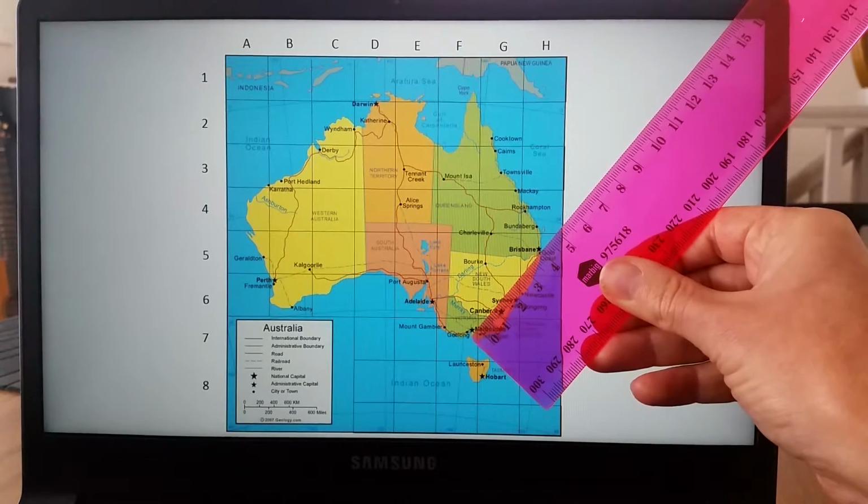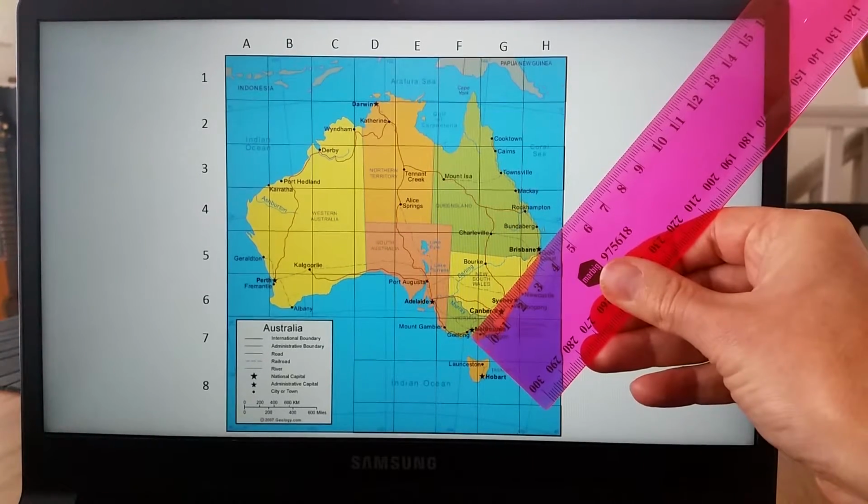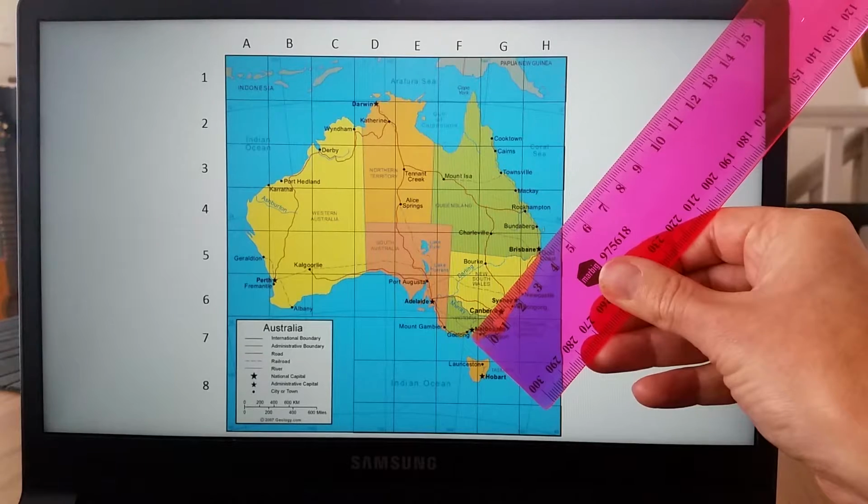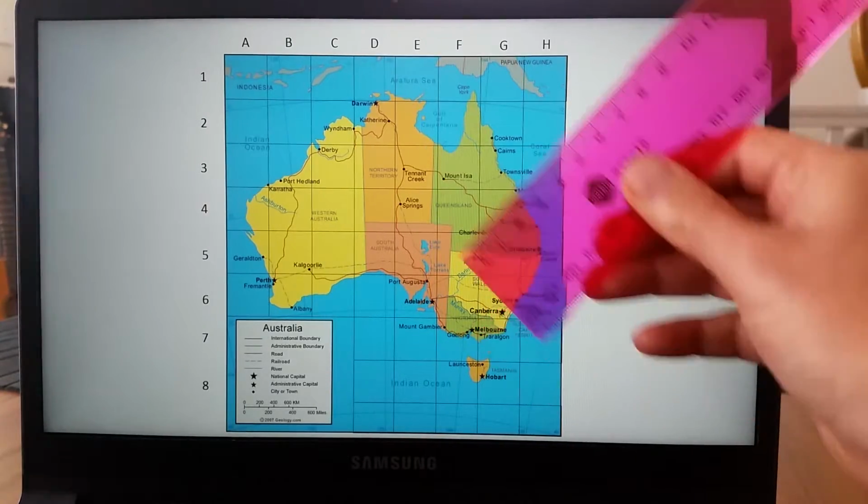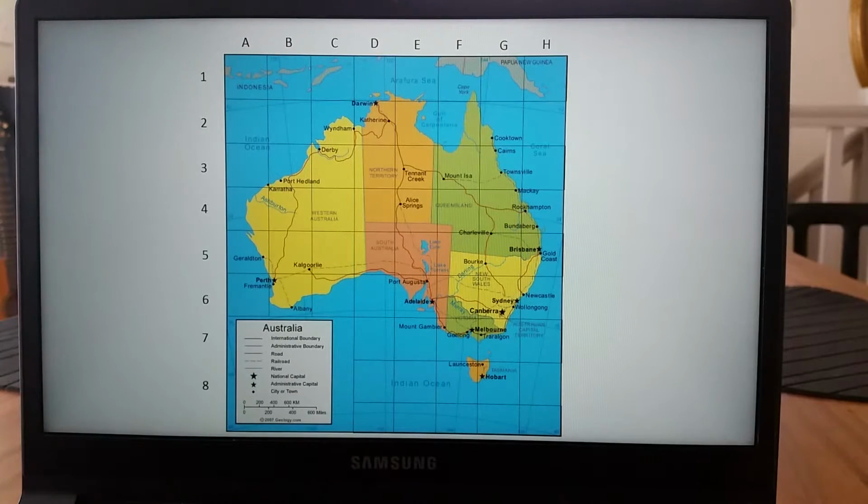So we know from the scale that each centimeter on the ruler is approximately 300 kilometers. So that means that we can now take our 4 centimeters between Brisbane and Melbourne and multiply that by 300 kilometers. And that will give us the approximate distance.